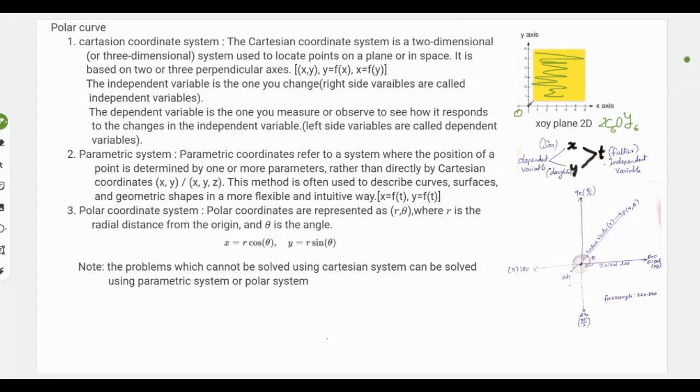If you have three dimensional geometry, we'll have x, y and z axes. This will be called a three dimensional geometric diagram, 3D. For example, you can take one corner of your room, where the x-axis, y-axis and z-axis will be there.